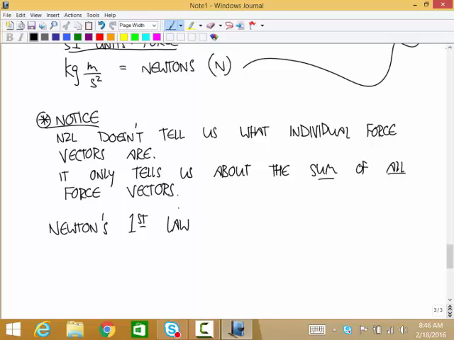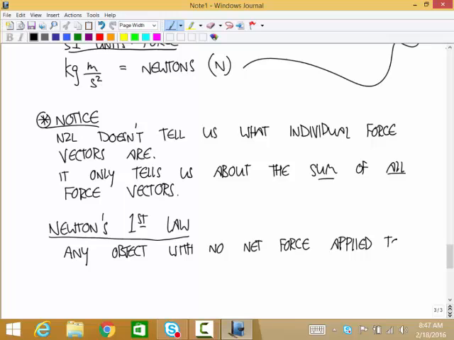It's just that you can derive it directly from Newton's second law, so it doesn't give you any extra information. Newton's first law says any object with no net force applied to it moves with a constant velocity.